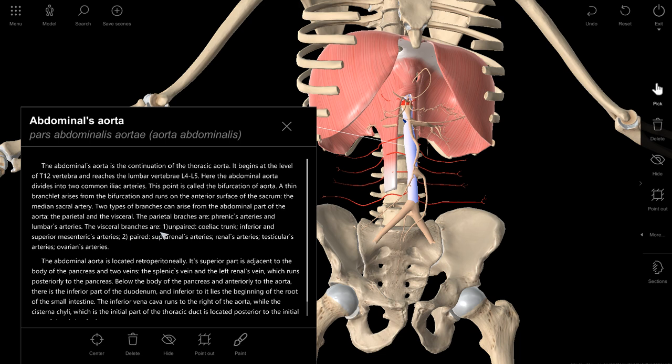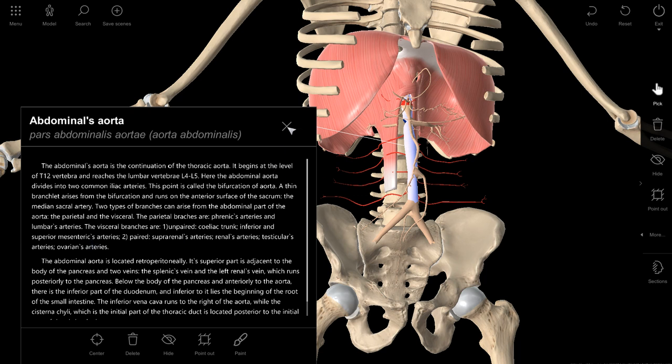The visceral branches are unpaired celiac trunk, inferior and superior mesenteric arteries, and paired suprarenal arteries, renal arteries, testicular arteries, or ovarian arteries. So, unpaired, there are 3 of them: celiac trunk, inferior mesenteric artery, and superior mesenteric artery.